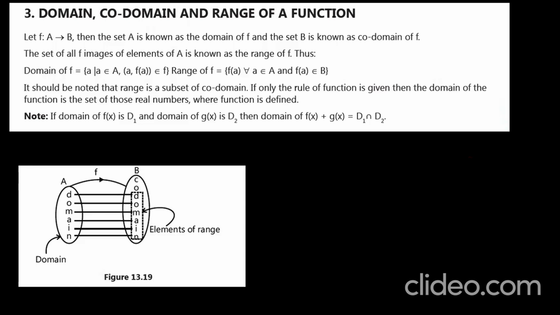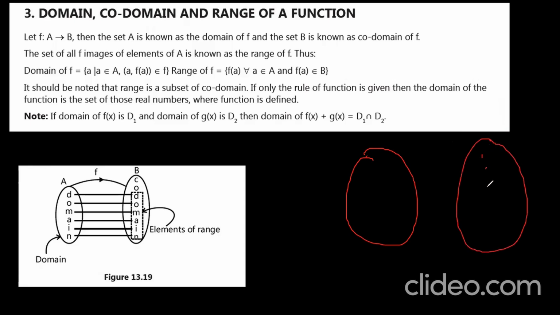In those two sets, A is the domain. Domain means the set of elements which are present in the first set. Codomain means all the elements which are present in the second set. And range means the set of elements which are associated with the elements present in A.